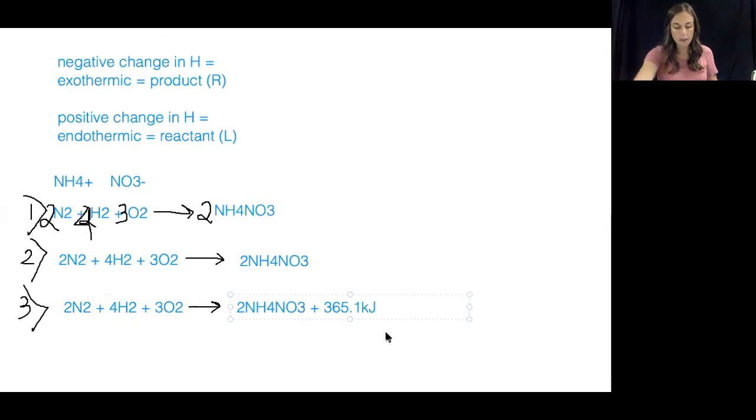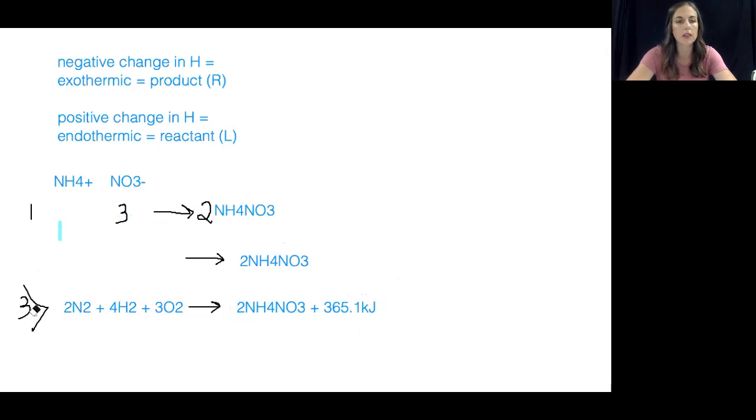This is letter A. All right, so I hope that makes sense. We're not keeping this negative. The negative value is simply telling me that it's a product, not a reactant. So we're adding the energy as a product in our equation, and we just add what they told me. So mainly here, you're reviewing your skills of being able to write a chemical equation based on the information that they give you. Okay, let's erase this and go on to letter B.